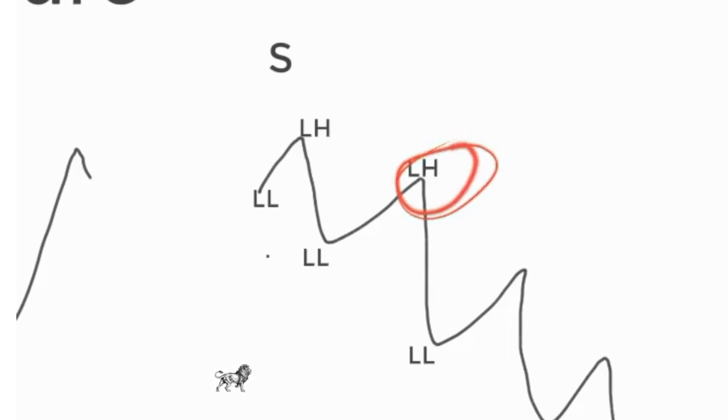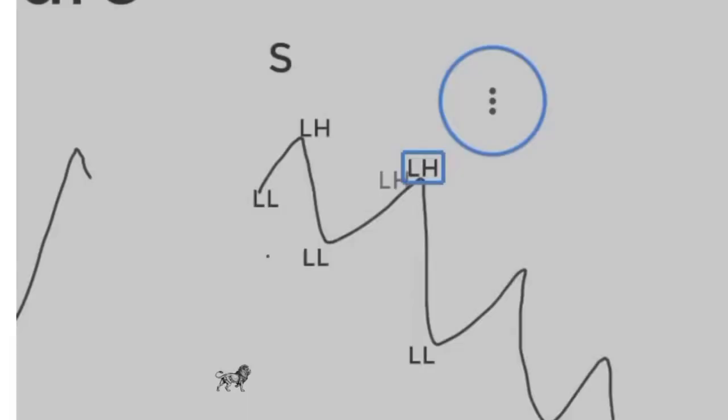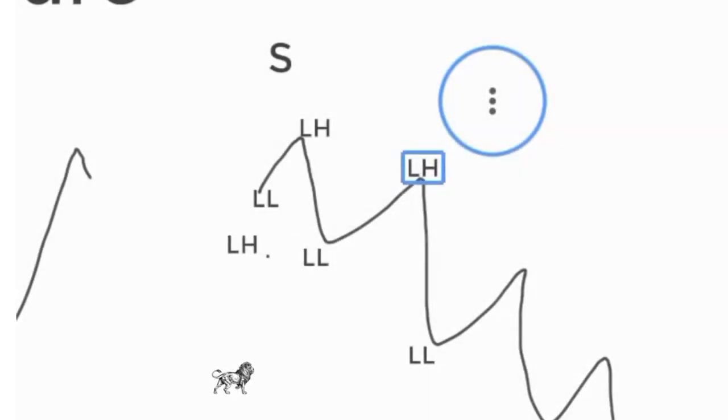Look at this high and look at this high. This high is lower than this high. So the high is coming down, it is reducing, so it's becoming lower. That's why we call it lower high. It's a high, but it's lower than the previous high.